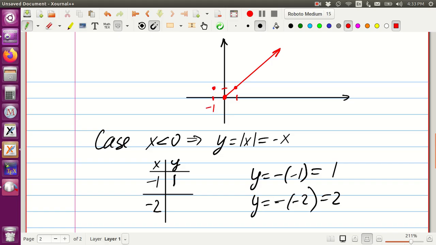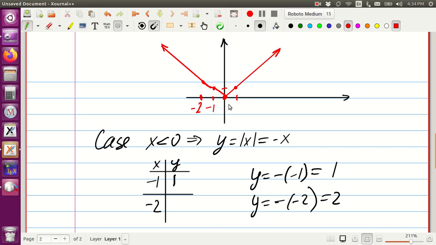So at minus 1 we have 1, and at minus 2 we have 2. So basically it's also a straight line going this way. I messed up a little bit, but we have this V-shaped graph for the equation.